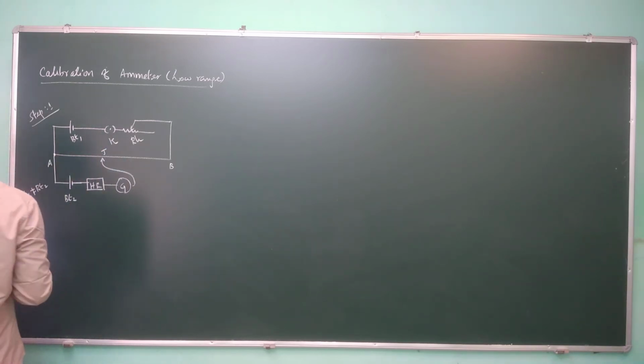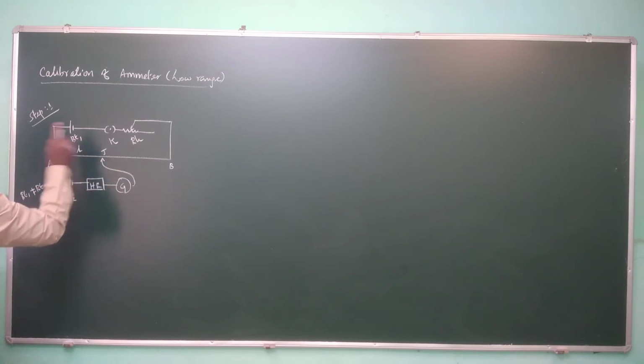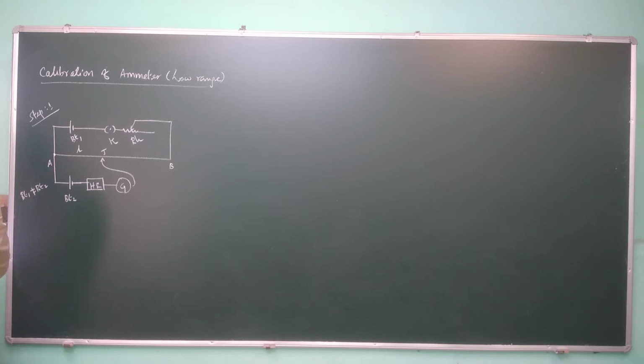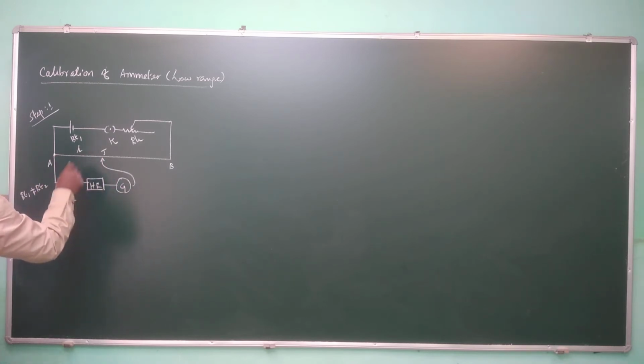Now you see, using this setup we can find the balancing length L. For given battery values, we can calculate the balancing length L. If you move from this point, the galvanometer will show 0 at some point.